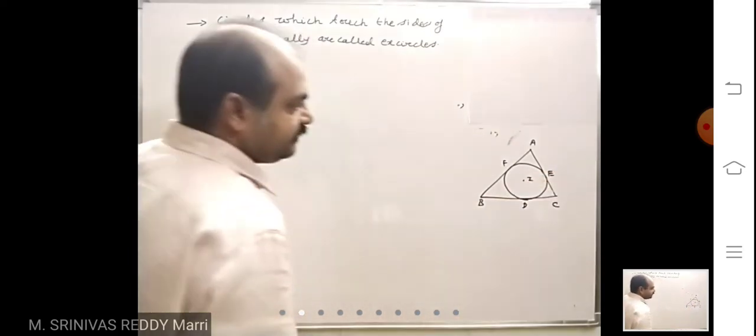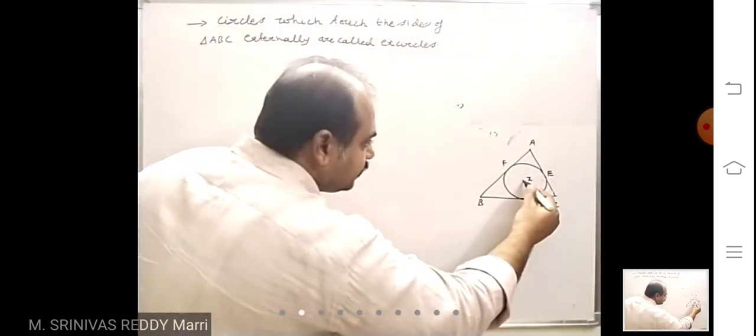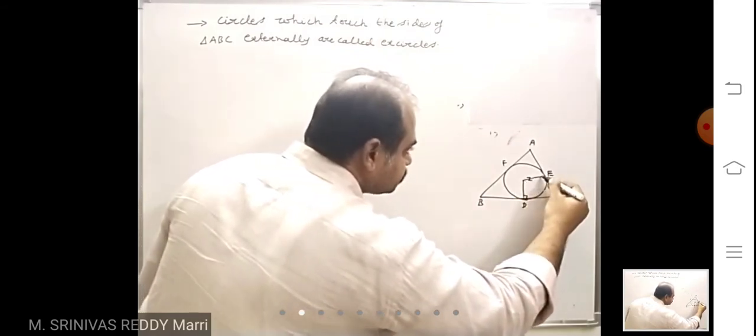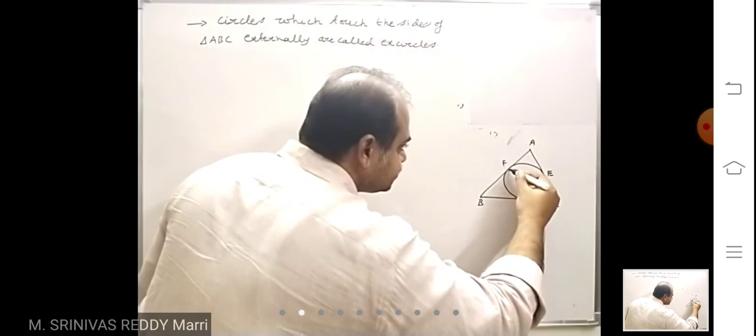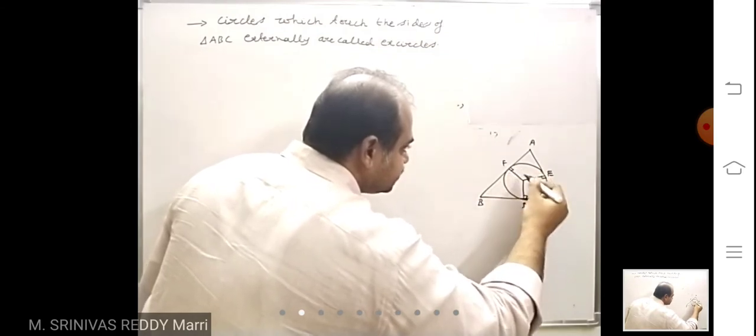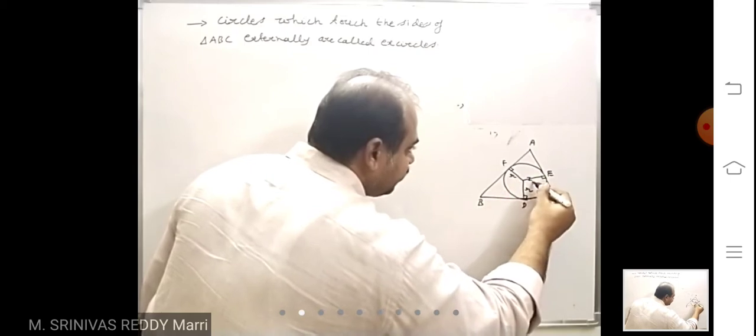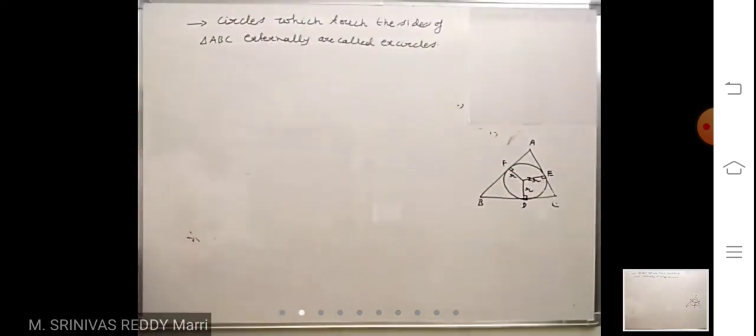This is I, that is the incenter. This distance will be equal to r. That is what we have discussed previously. Right? Now look at here.